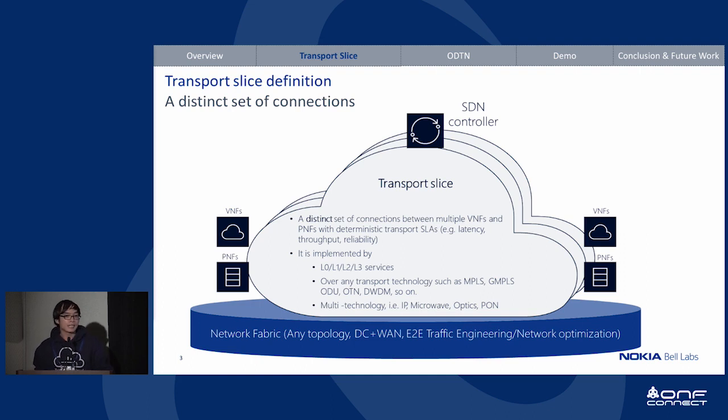Basically it's a set of connections between the VNFs and PNFs with specific requirements in terms of latency, throughput, and reliability. It's implemented by different technologies from layer 0, layer 1, layer 2, 3 services over any kind of transport technology such as GMPLS, multi-technology, IP, microwave, optics, and PON.